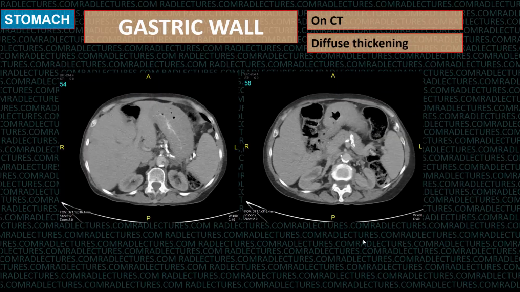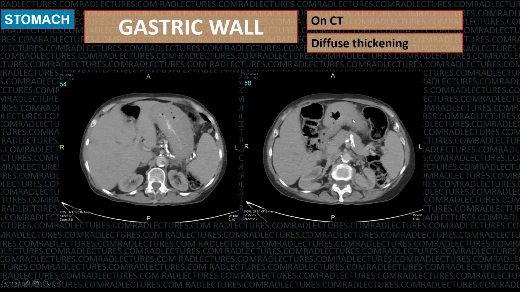So on CT, you can have diffuse thickening of the gastric wall, like in this case. The stomach, even though it doesn't appear distended, you can see that the stomach is large enough. That means that that is all the amount of fluid it can hold. And in the non-dependent portion also, the entire wall is thickened. And there is no stratification left. You do not see the enhancing mucosa, even though it's a contrast enhanced study.